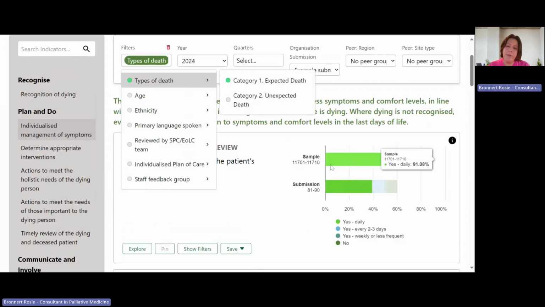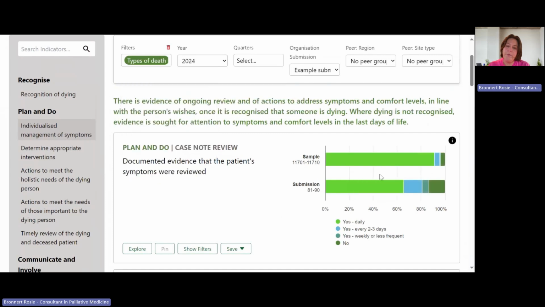So here you can see it takes a little bit of time to load, but if anything, this makes it more marked that there's a difference here in this organisation compared to the national average.